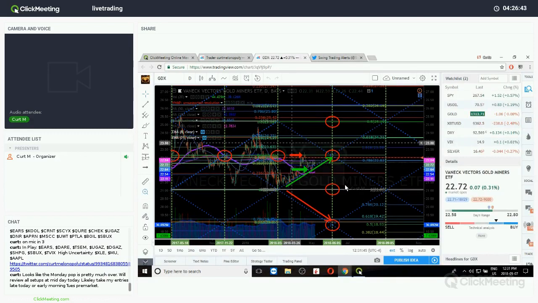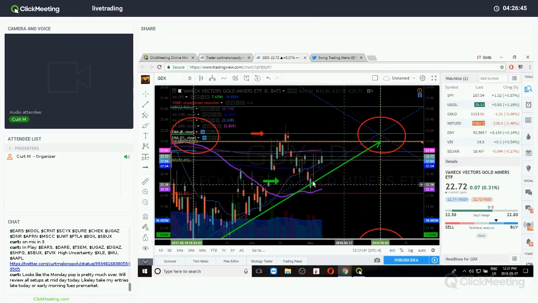So it's still working toward that target. It fell out of the quad wall once, hit the 50 MA, and then bounced. And so its target's in and around 23.15 on the 4th of June.